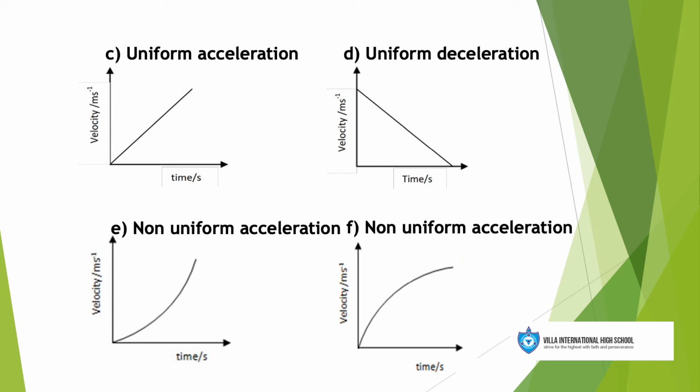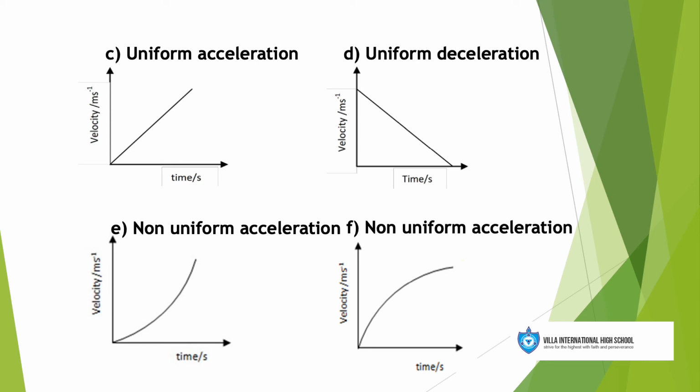And it's a straight line. A straight line represents the gradient is constant, meaning acceleration is constant. So the C graph represents gradient is positive and constant, meaning acceleration is positive and constant. So it's a uniform acceleration.